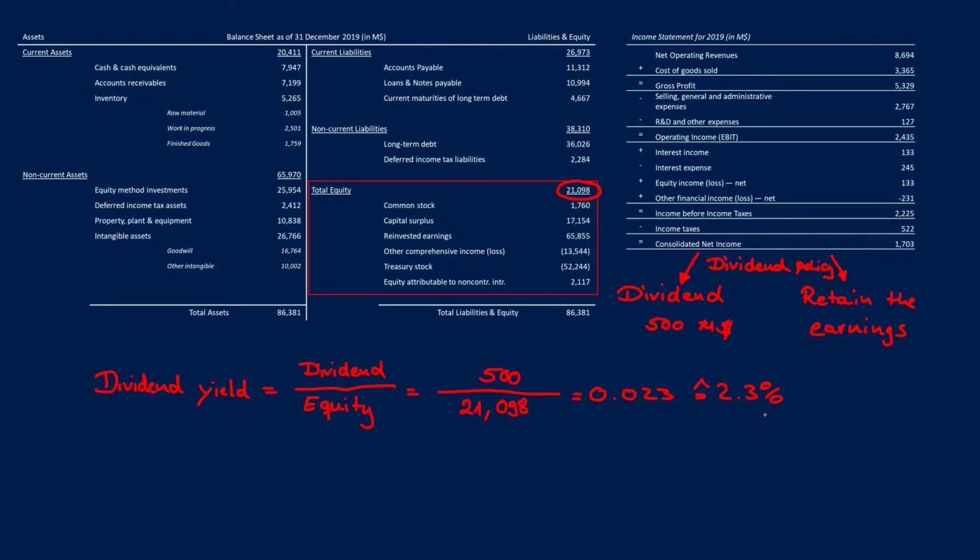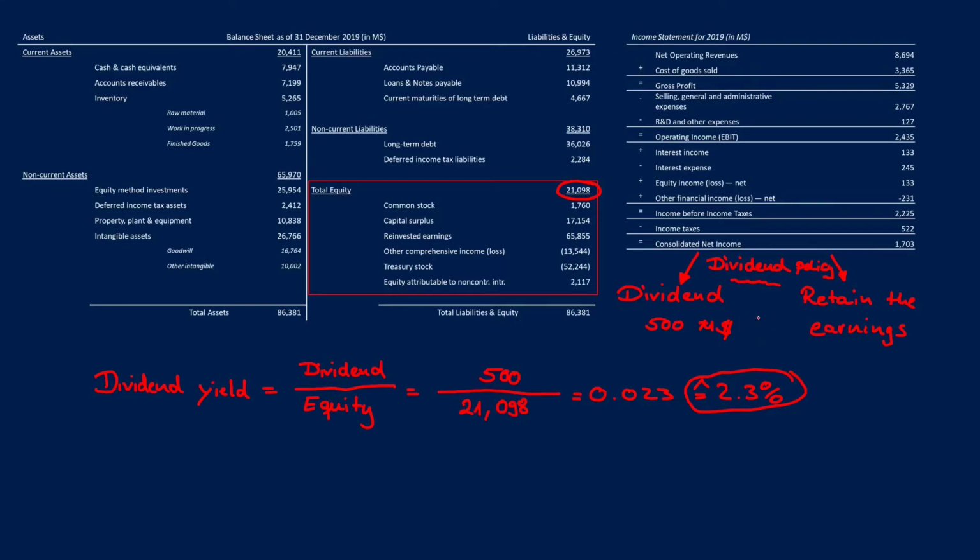Well, since we are today in an environment where you nearly earn no interest, 2.3% return on investment or dividend yield is not that bad if not too much risk is involved. Okay, but of course the dividend yield is highly dependent on the dividend policy.